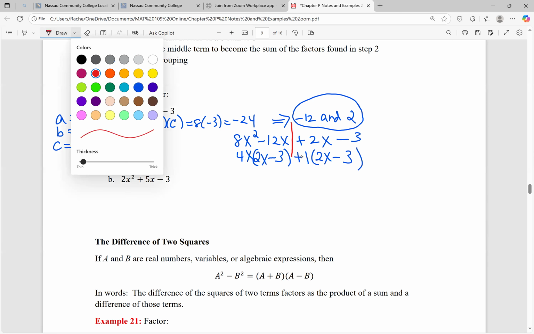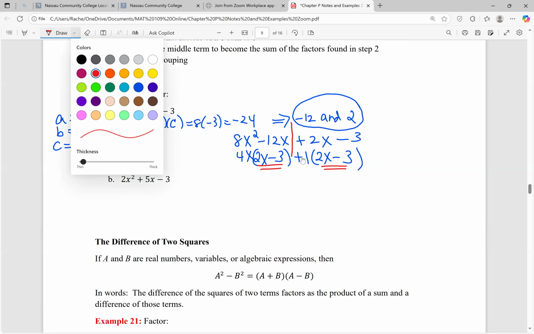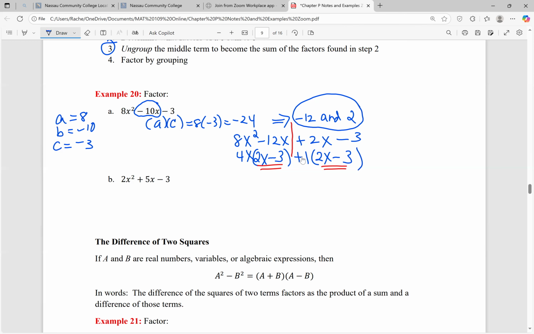And now you see we have a common factor. It's the 2x minus 3. So I'm going to factor out the 2x minus 3. Whoops, that's backwards. So I'm going to factor out the 2x minus 3.